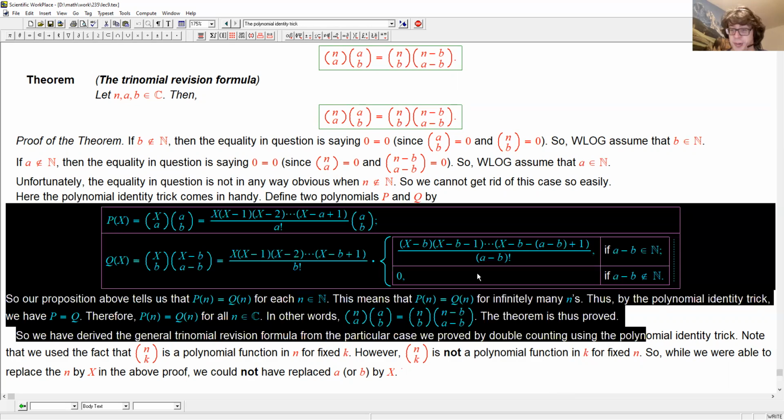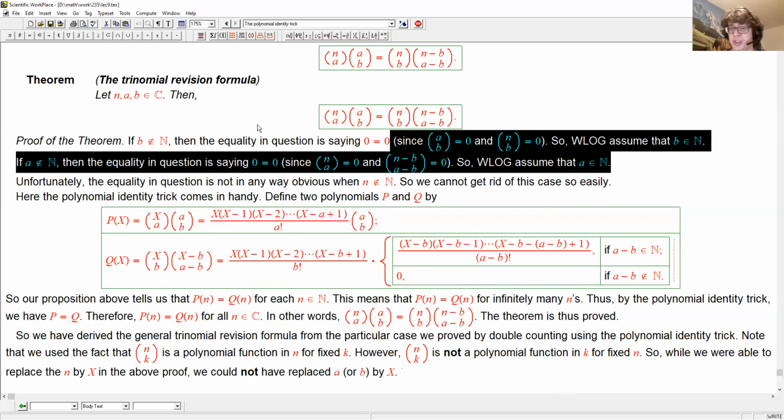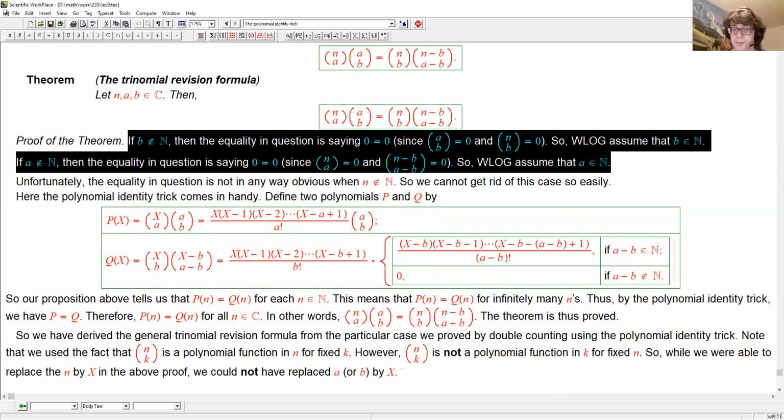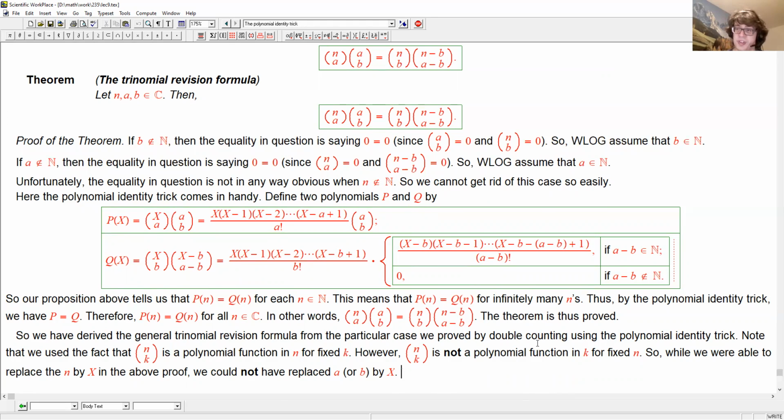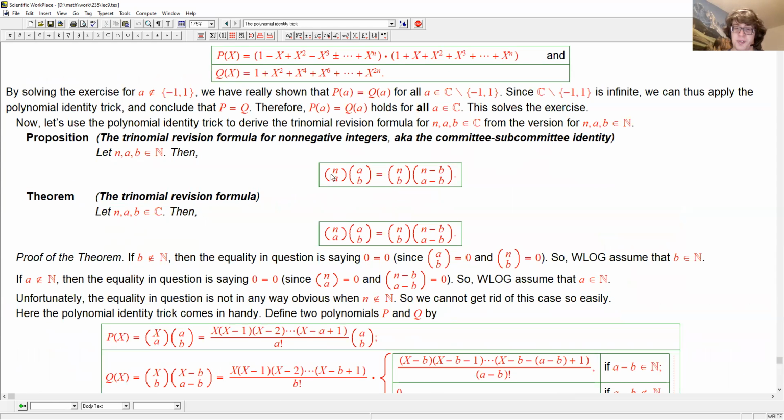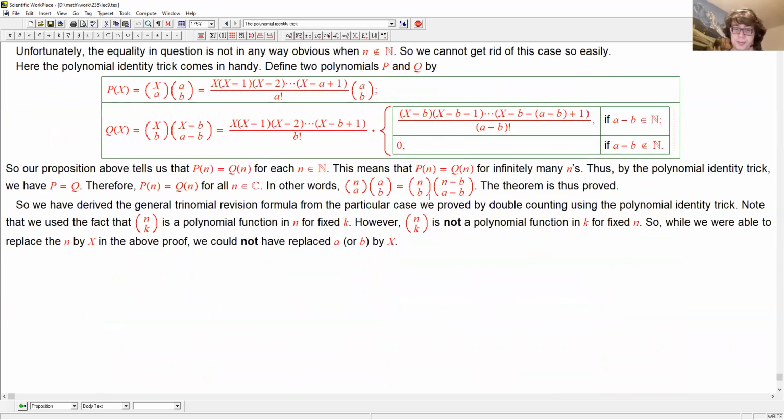It worked for n, and a and b were easy. So the polynomial identity trick is not a panacea. You cannot just pick a random variable in your identity and say, okay, now let's make it a non-negative integer. It has to be a variable in which both sides are polynomial functions.